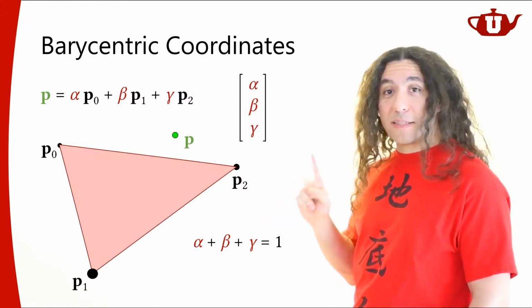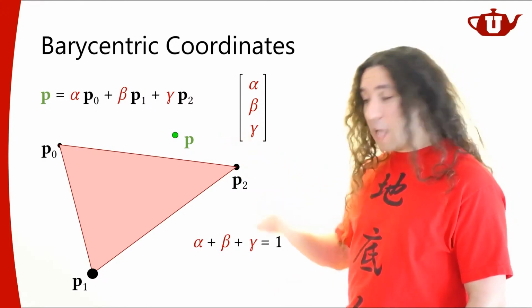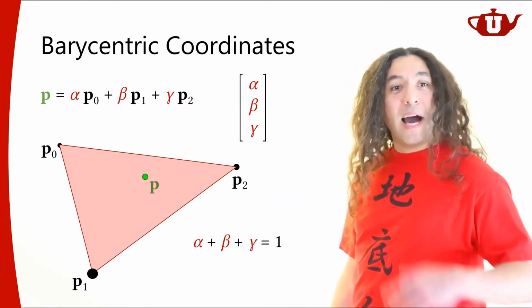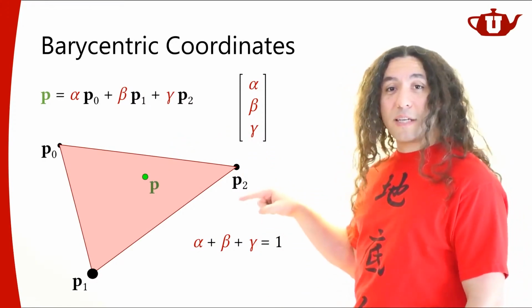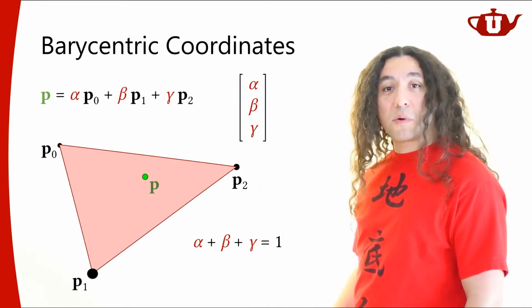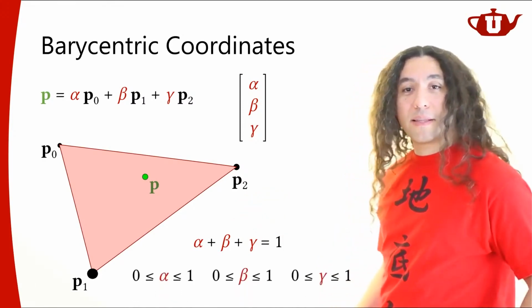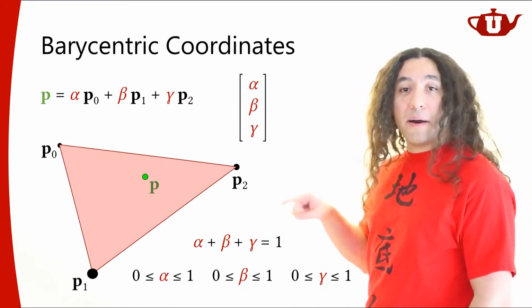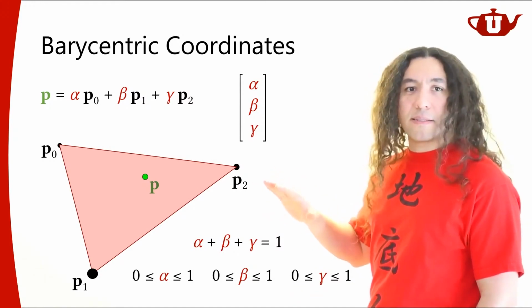But if this point P is on that triangle, then I have an additional nice property that these barycentric coordinates will always be positive and smaller than 1. They will always be positive and smaller than 1. Now, this property that they all add up to 1, that always exists.